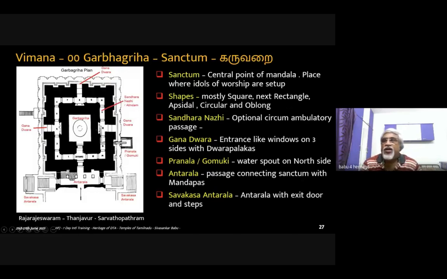Normally, if you see North Indian temples, in many temples, there are multiple entrances on all the four cardinal directions. But in South, normally there will be only one entrance. Other entrances will be closed by window or window-like structure. They are called Ganadwara.